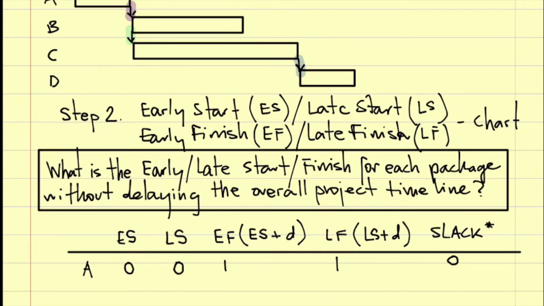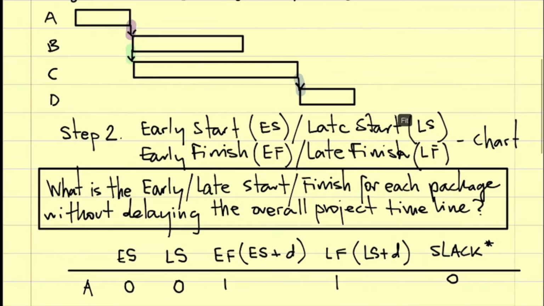So let's see what happens with B. What is the early start with B? 1. What is the late start? 2. Very good. Why? Because it doesn't matter if it's in period 1 or 2, because it only has to start after A and has to be finished before D. Yeah, so the late start for B is 2.